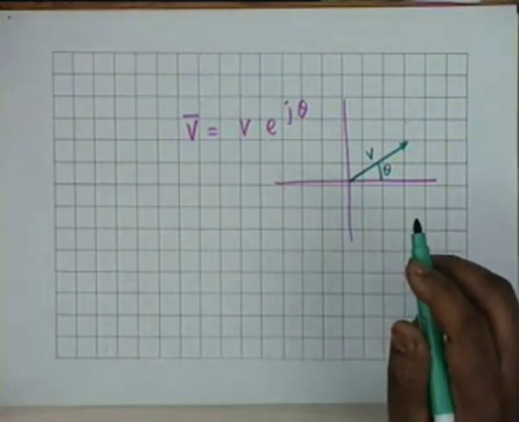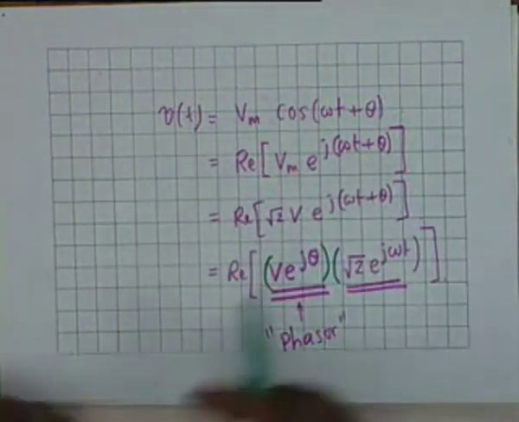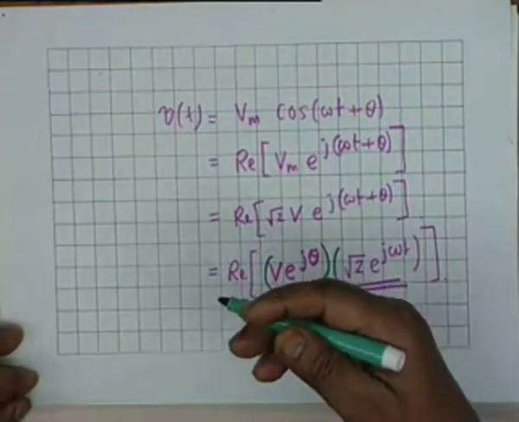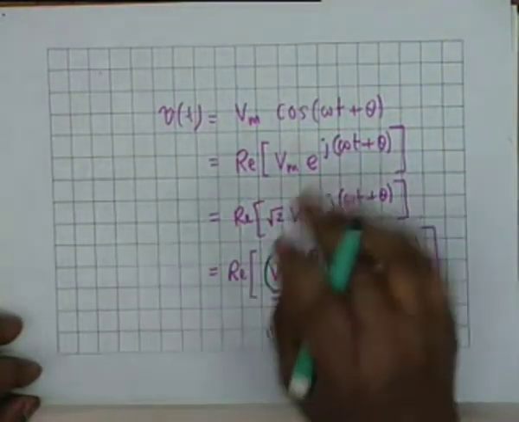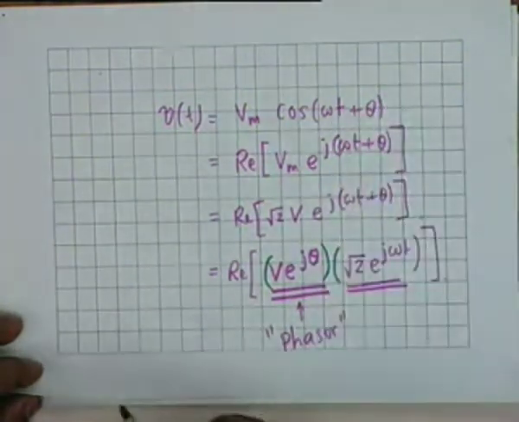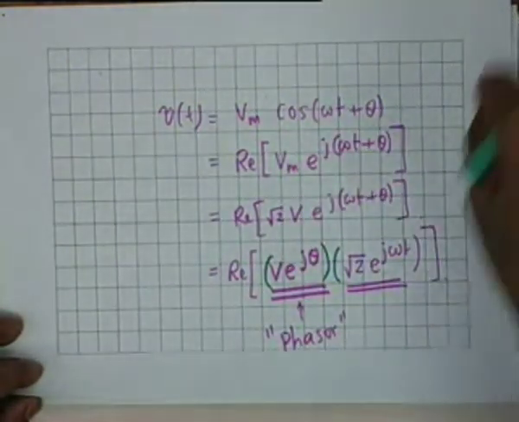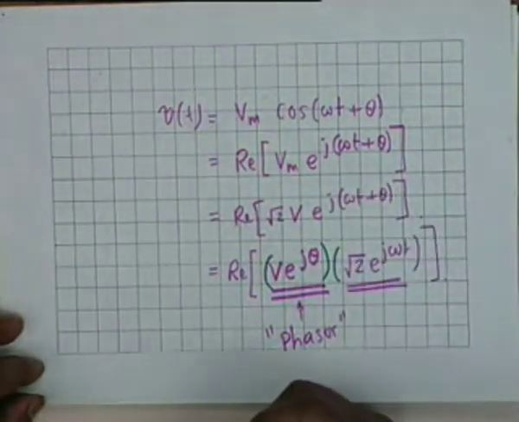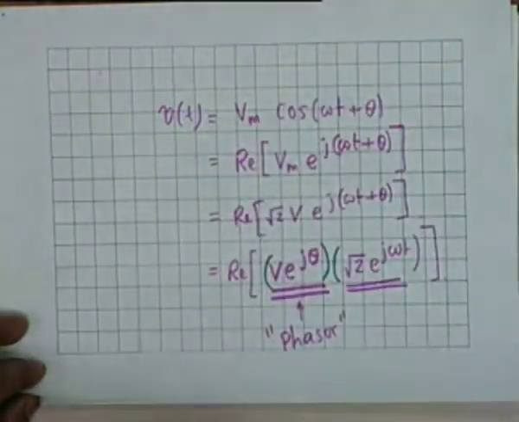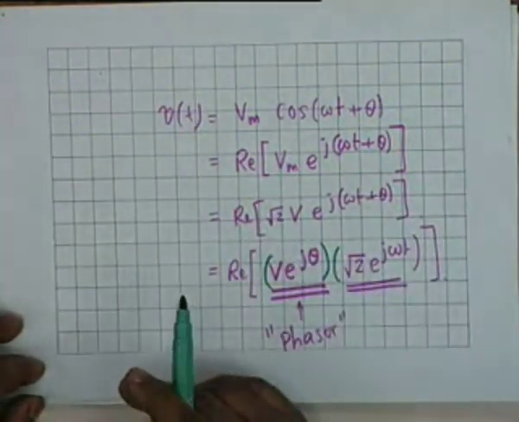And you see, what we had was a function of time, cosine(omega t plus theta), and we have now got rid of the time. We have got rid of the factor omega t, because we argue that in the complete circuit all currents and all voltages shall have root 2 e to the j omega t common, and therefore we have got rid of this. The fact that it is the real part of a complex quantity, that also we shall ignore, because all currents and voltages can be expressed as the real part of some quantity.